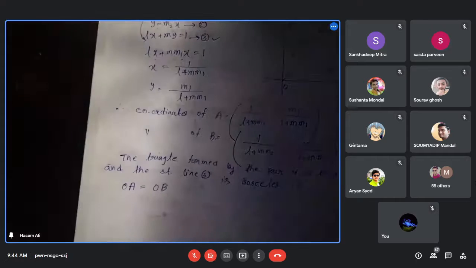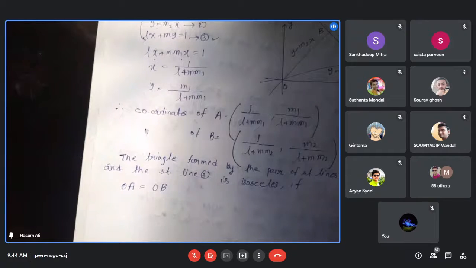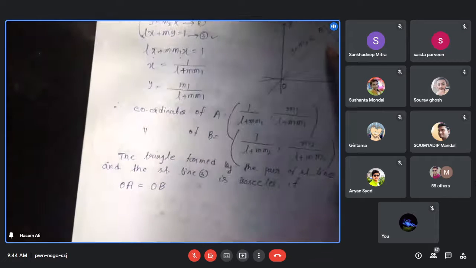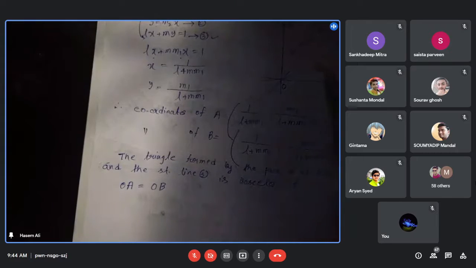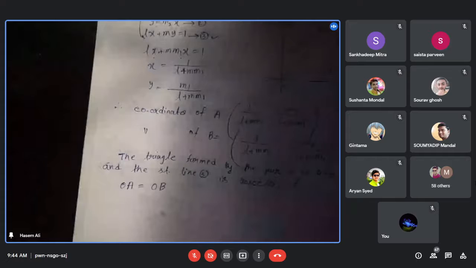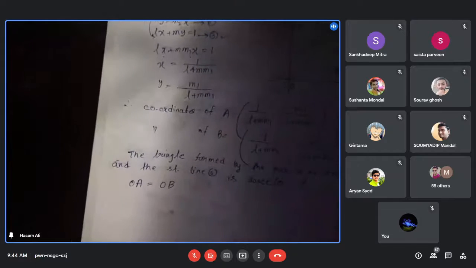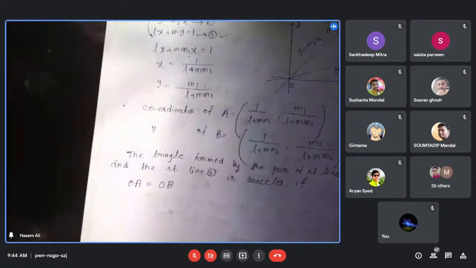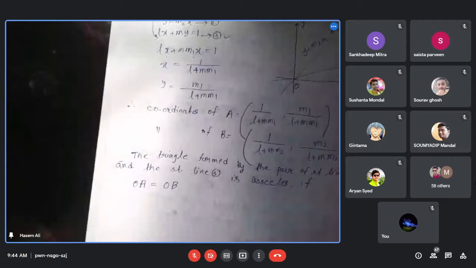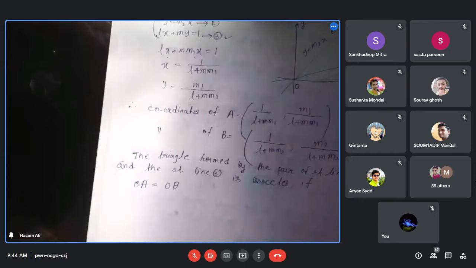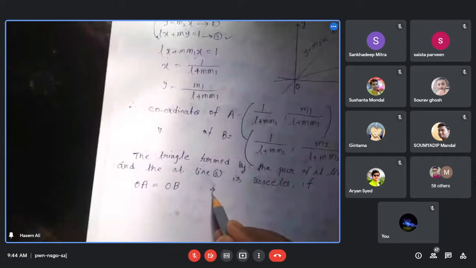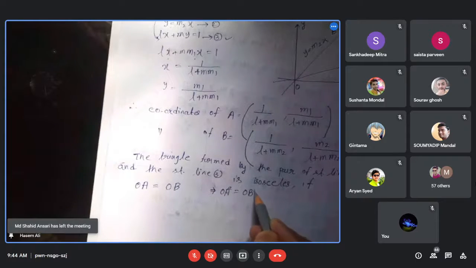Is it clear? The triangle formed by these three straight lines, the pair of straight lines and the third straight line, will be isosceles if OA equals OB. That means OA square equals OB square.